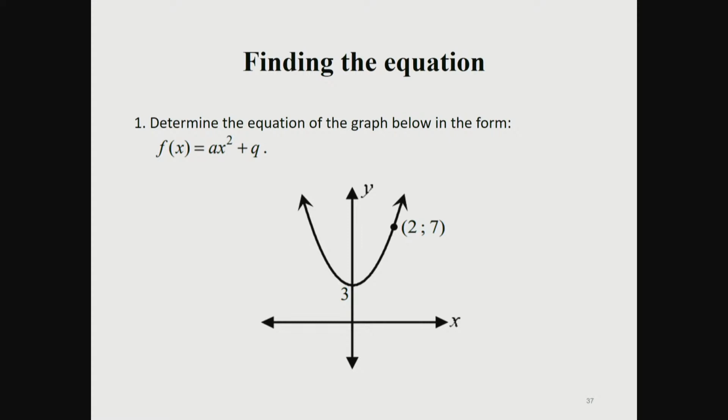There is a graph. What information do you see from the graph? I see the y-intercept is 3. Then I also see a point on the graph, x is 2, y is 7.